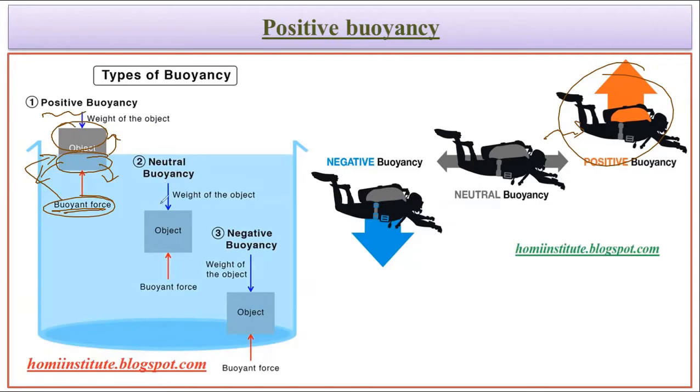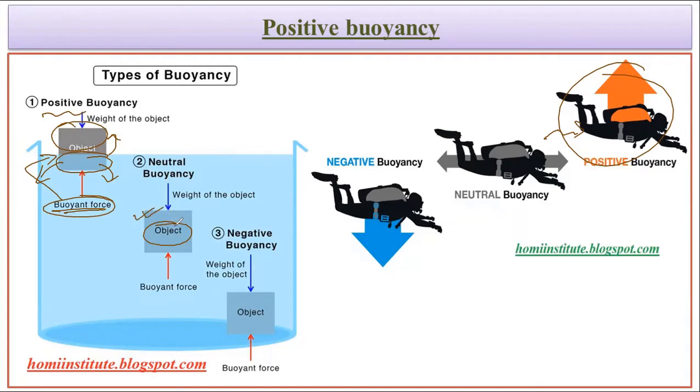But if the buoyant force is almost equal to the weight of the object when it has been completely immersed, then we observe neutral buoyancy. Here the object is inside the water, but we can't say that it is completely floating or completely sunk. We don't want to achieve this for every situation.